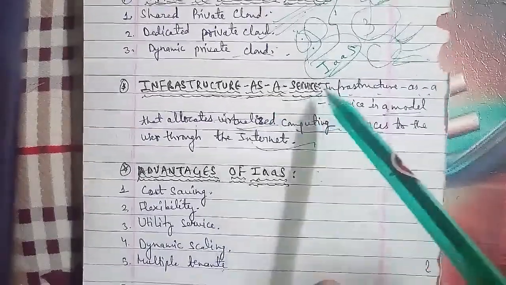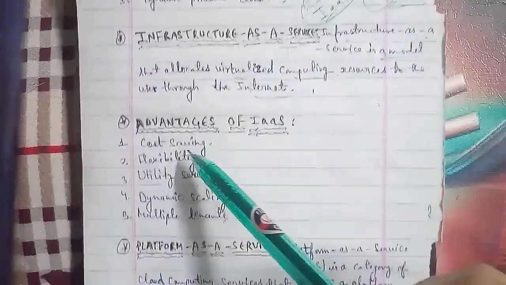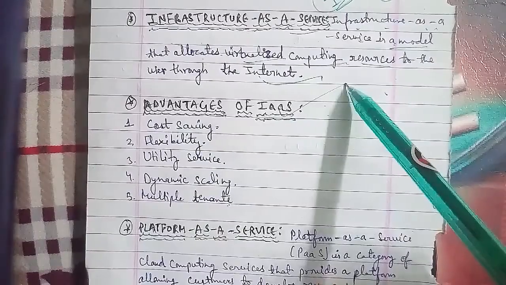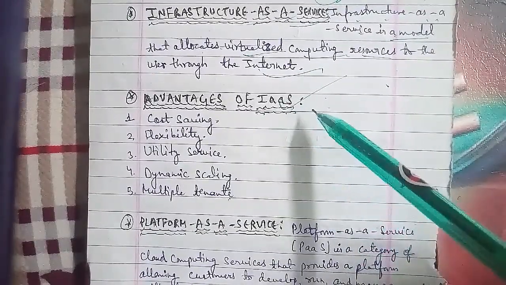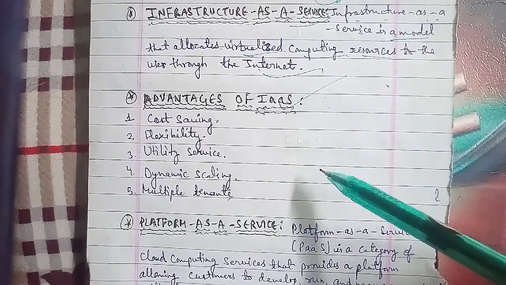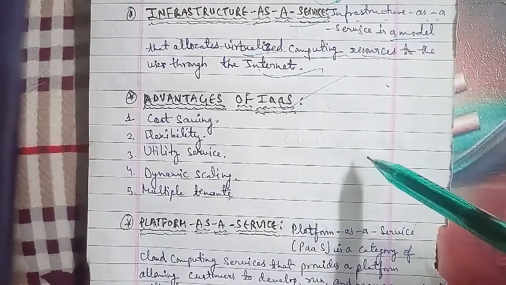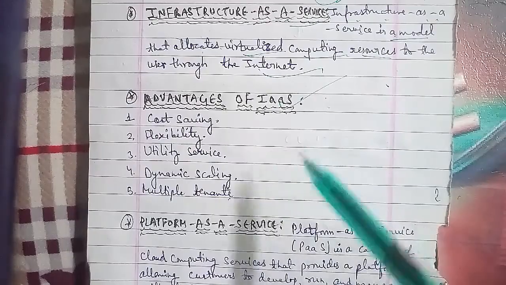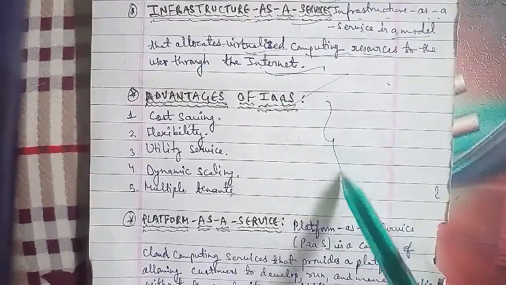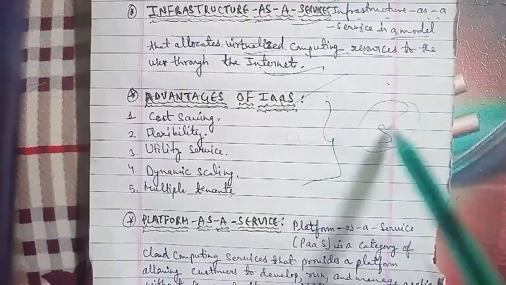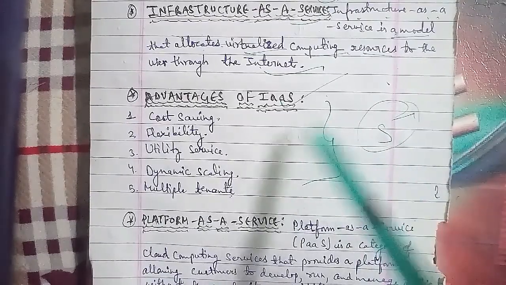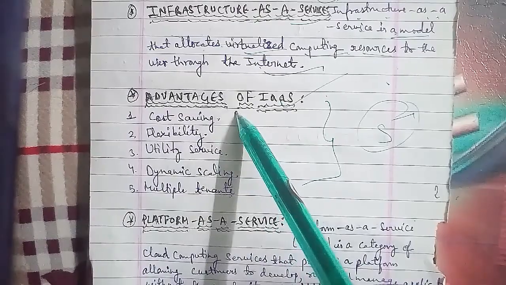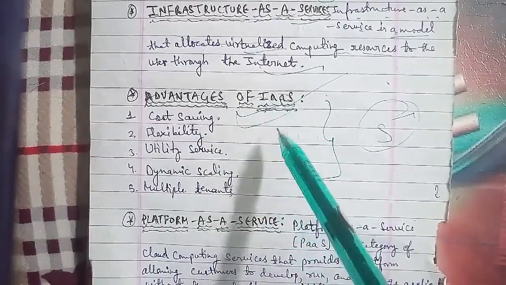The first advantage is cost saving, which is the best advantage for any user, any organization, any consumer. That is why infrastructure services are used so widely nowadays. The second advantage is flexibility, it is flexible to use.